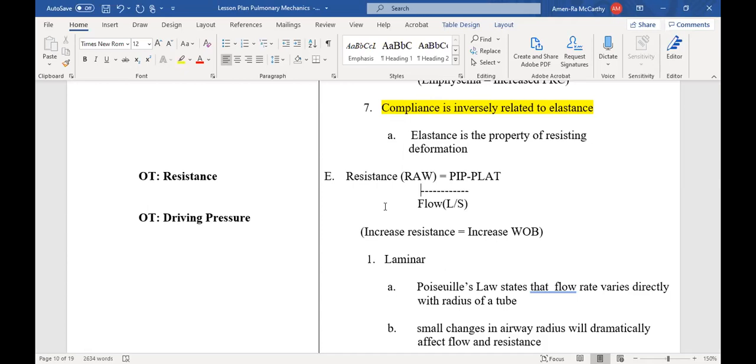Very high, because I increased the resistance. I went from a big straw to a little straw. And whose law says that's going to happen? Laplace. He said if you decrease the diameter, so I go from a big diameter of a straw to half of that of a coffee straw, then the resistance inside there is going to increase by 16 times, okay? Which is going to in turn make it harder for me to breathe, okay?